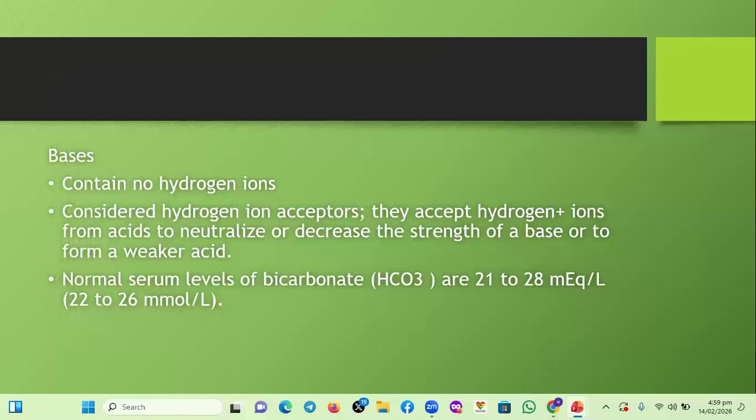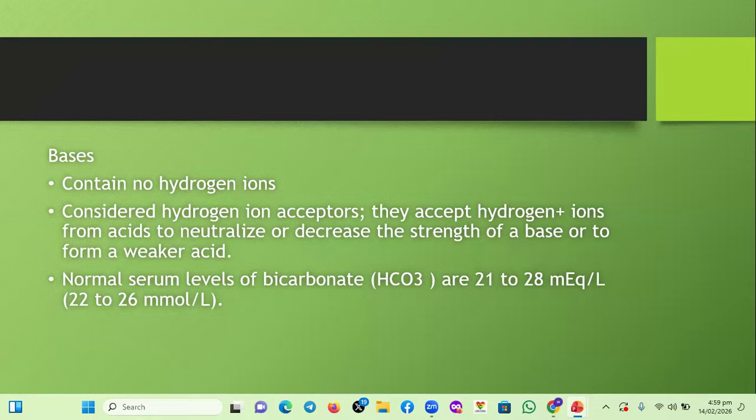Then when it comes to bases in the system, they are mostly as a result of bicarbonate level. The number of bicarbonates in the system determines whether our body fluids are alkalotic or a base in nature.